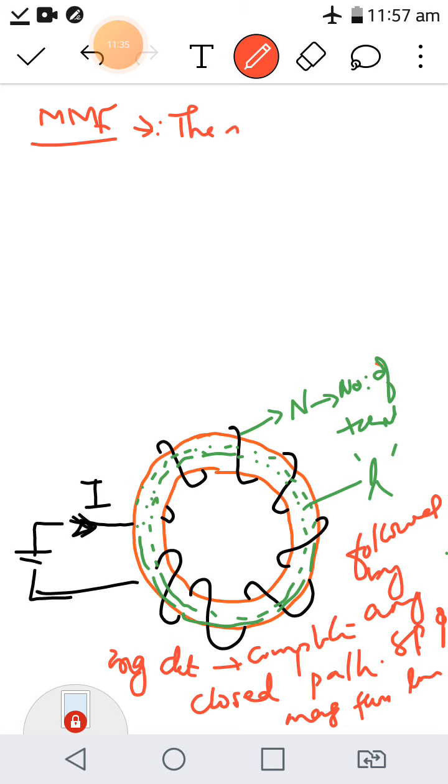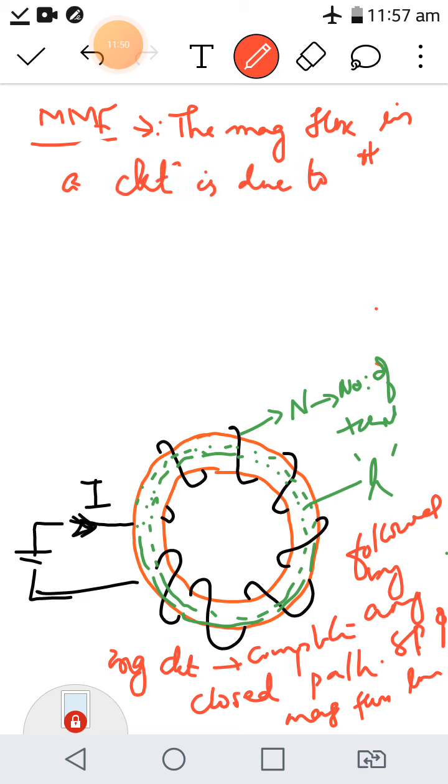The magnetic flux in a circuit is due to the presence of MMF, or magnetomotive force. Similar to current in an electrical circuit, here the flux lines are produced because of the presence of MMF, or the magnetomotive force.